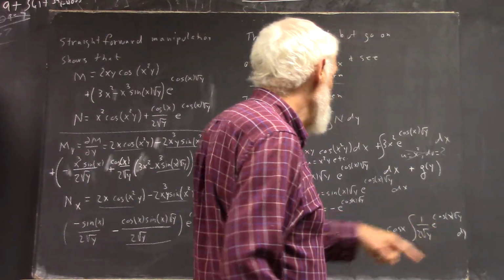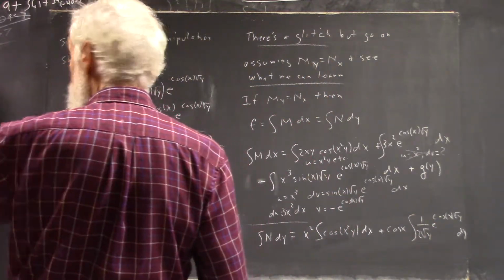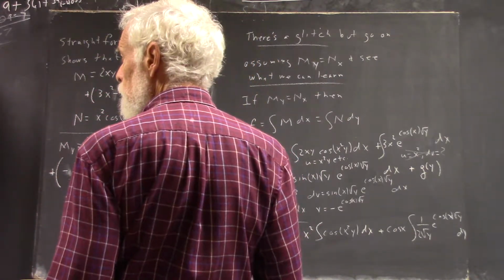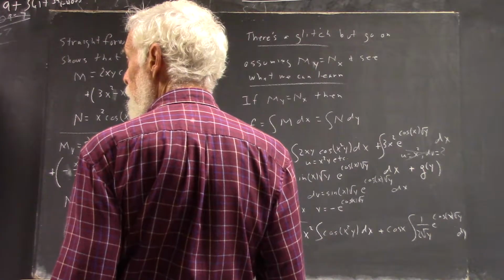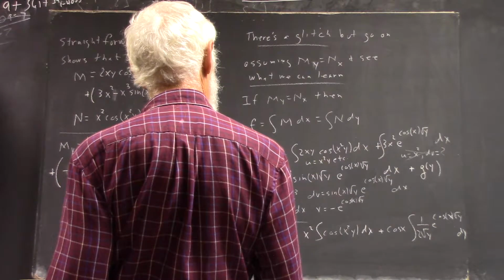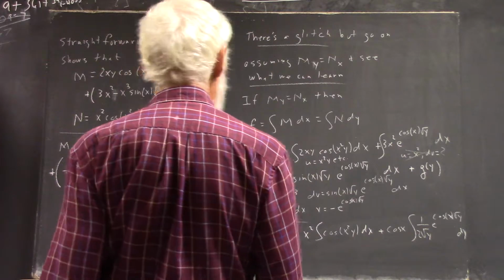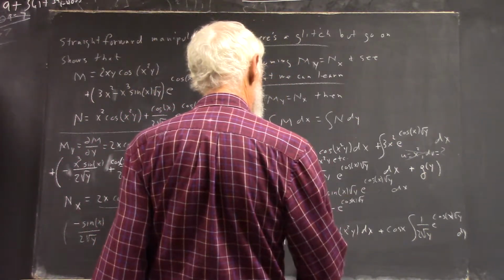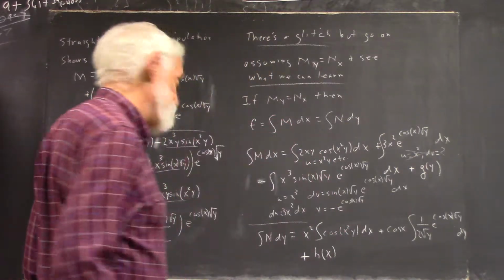So this is going to recover the original x cubed cosine of x square root of y. No, it isn't. Doesn't look like it's going. But I have to write it out.